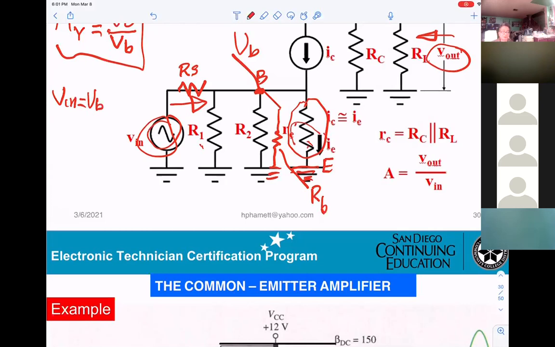So ignore R prime E? Now that's already included in RB. Okay, all right, thank you.